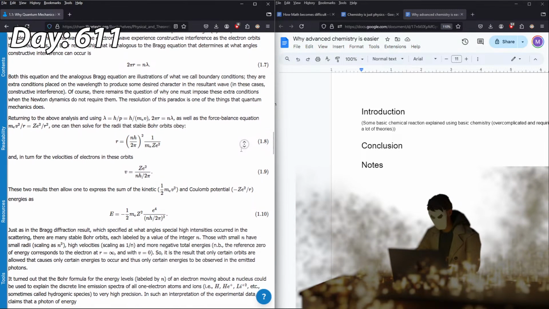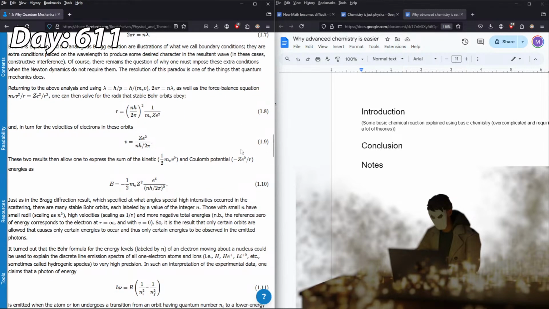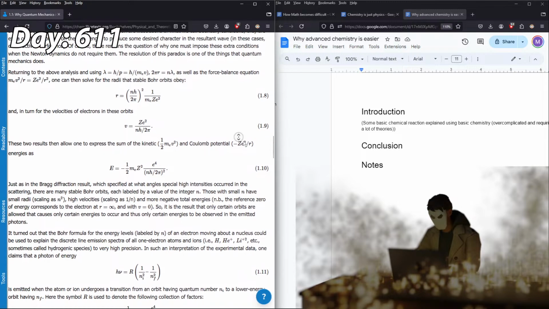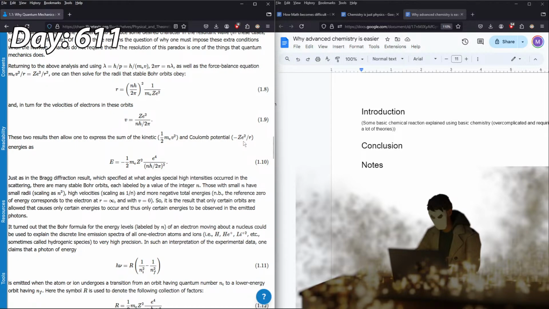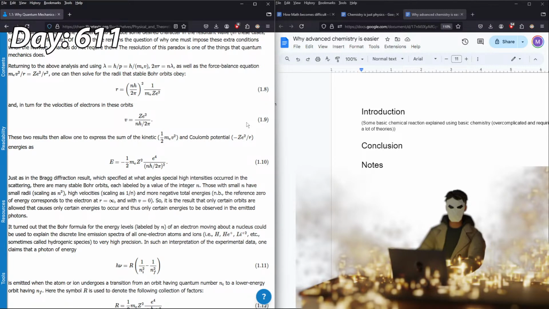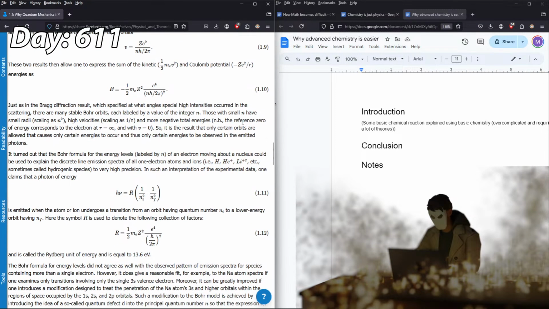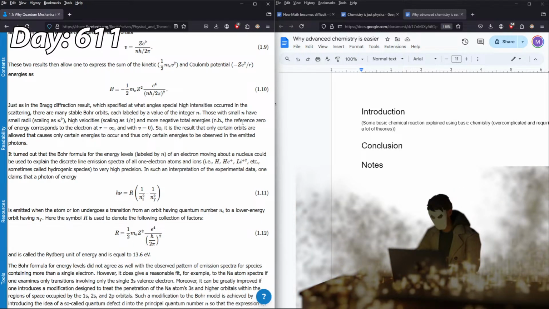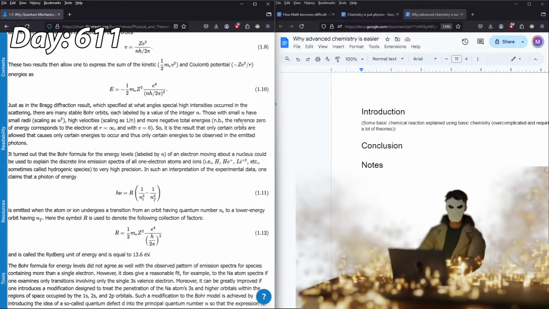Okay. Some kinetic energy and potential energies as this, just like about the function of. And more negative energies. Of course.